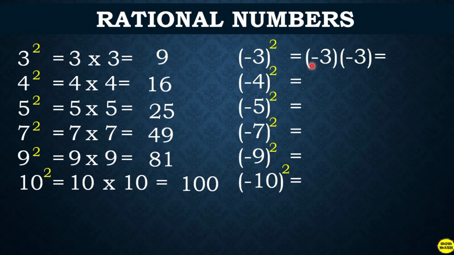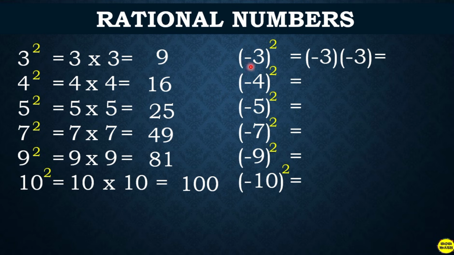So, therefore, we will have negative 3 times negative 3. If you have noticed, bakit dito multiplication symbol ang ginamit ko? Bakit dito parenthesis? Okay. So, pareho lang po yon. If you want to use parenthesis, okay lang po. If you want to use this, okay lang din po. Kasi those symbols both represent multiplication.